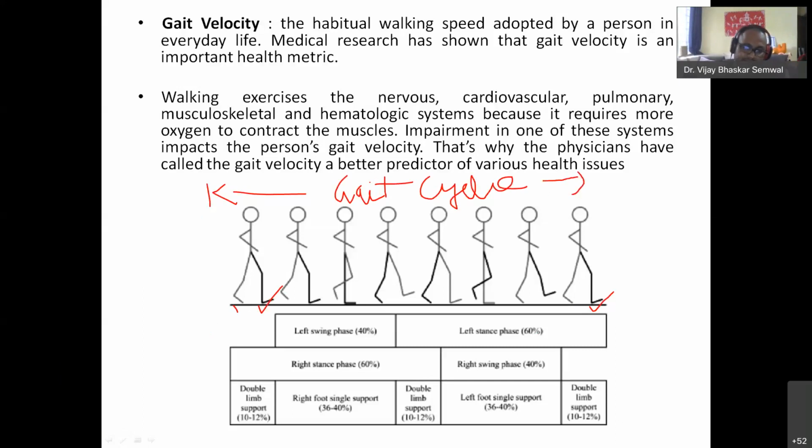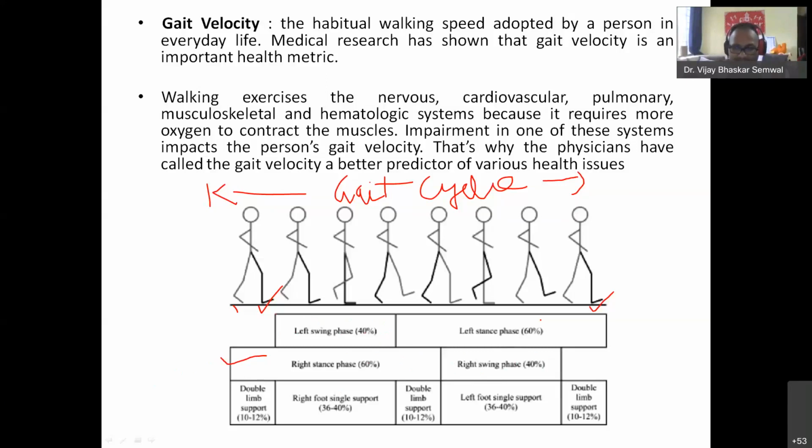In between, the left and right leg are both participating, both coming into swing and stance phase. Your gait cycle starts with the right stance phase, which is 60% of the time, then it comes to the swing phase. Similarly, for the left leg the swing phase starts, and then we come to the left stance phase.